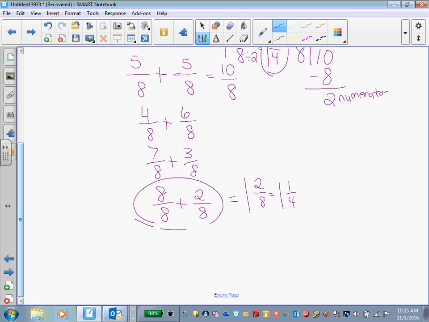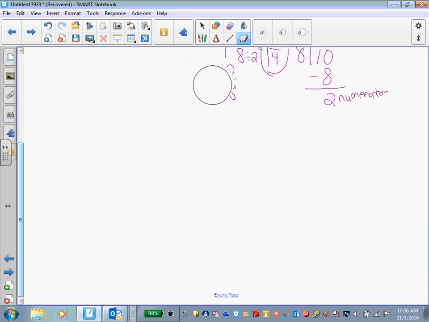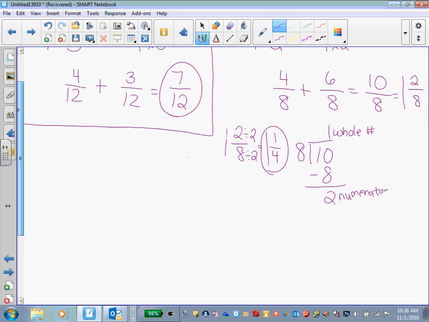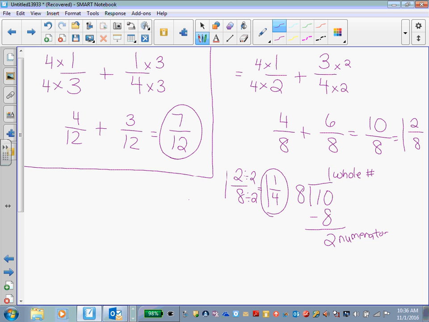Chrislyn: 10/8 would be equal to 5/4, because if you divide 10 by 2, it will give you 5, and if you divide 8 by 2, it will give you 4. Okay, all right.